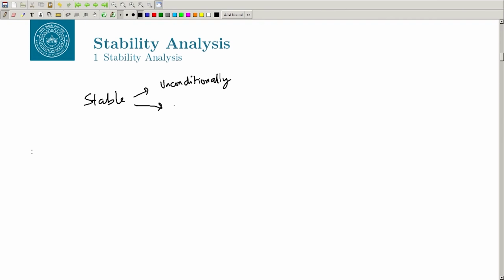Or it can be conditionally stable like what we saw in the case of FTCS for diffusion, where the scheme is stable only when alpha is less than or equal to half. And then you can have unstable schemes, which can also be unconditional or conditional. Conditionally unstable is basically also conditionally stable, but you can have an unconditionally unstable scheme, that means regardless of what alpha or lambda value you use, it will always be unstable.